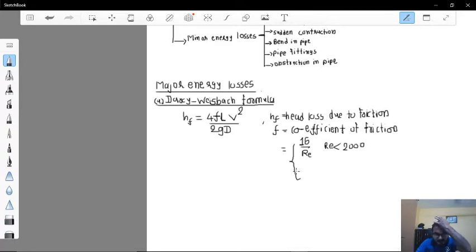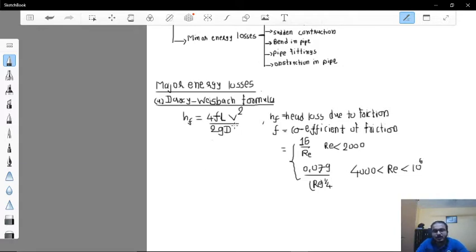And the next value of f is 0.079 upon Re raised to 1/4, that is for 4000 less than Re less than 10 raised to 6.